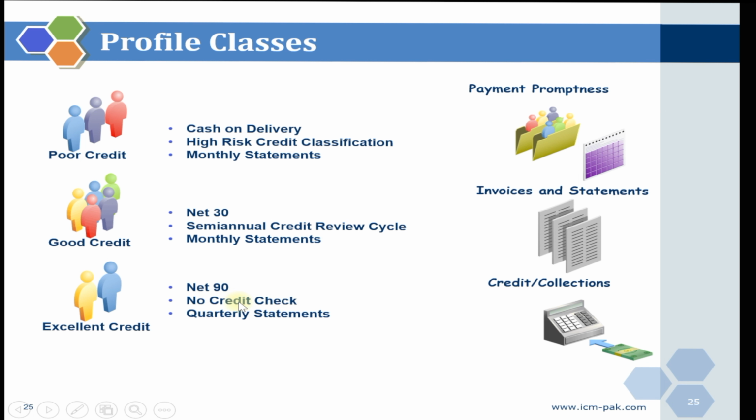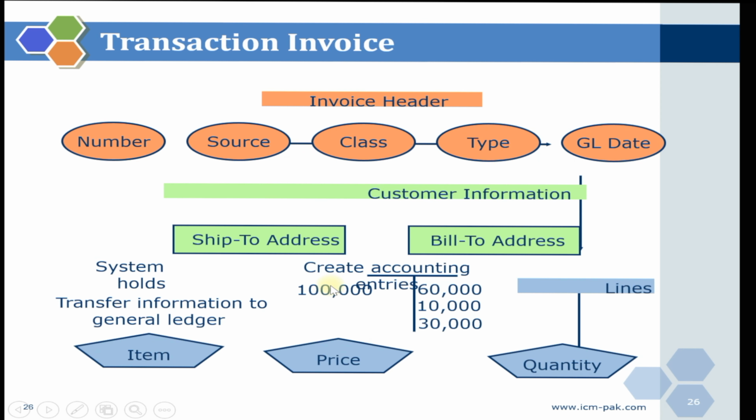So you might have payment terms like 90 days, 30 days, cash on delivery. Based on those payment terms or that transaction history, you can build your own profile classes, and then based on those profile classes your rules will be applied to the customers which come under those classes.